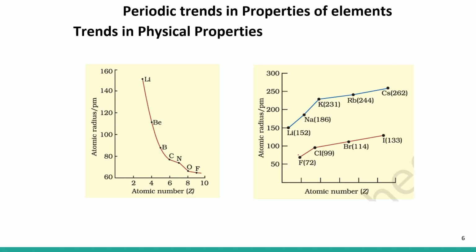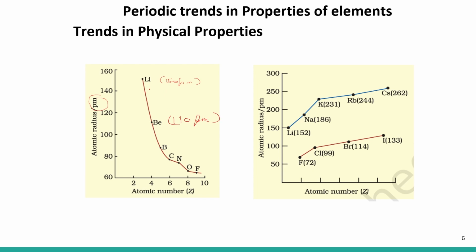Now we'll move to the group. First, this is a plot of atomic radius versus the atomic number for a period. This is lithium, beryllium, boron, carbon, nitrogen, oxygen, fluorine. It starts at approximately 150 picometer and goes to approximately 110 picometer, so we can see a decreasing trend.